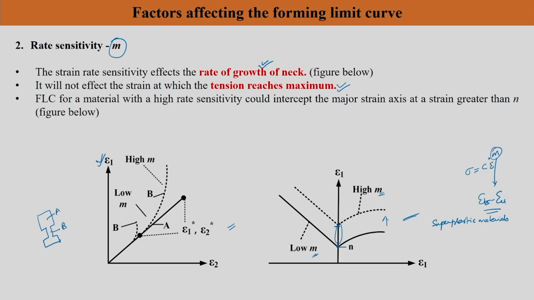Then we said that we can give sigma 1 versus sigma 2 and see how strain evolves in these two locations. We have discussed in the previous section how necking occurs in biaxial stretching. So we consider the same geometry and we will see, when necking happens at B, what happens to epsilon 1 versus epsilon 2 in A and B region for two materials, one with higher m and one with lower m.